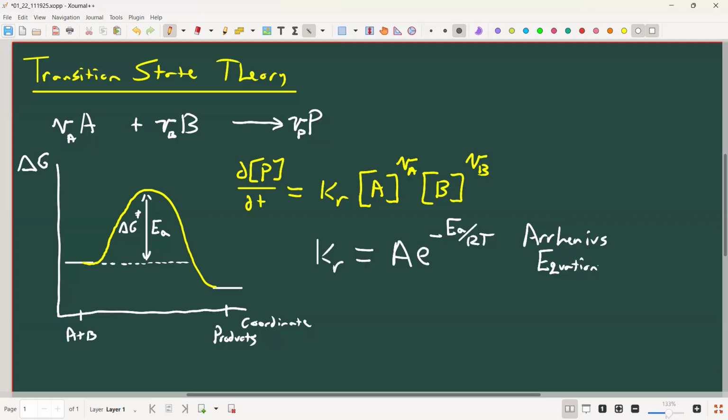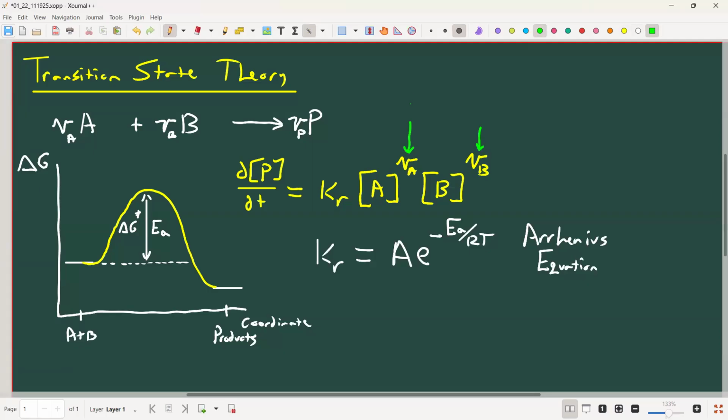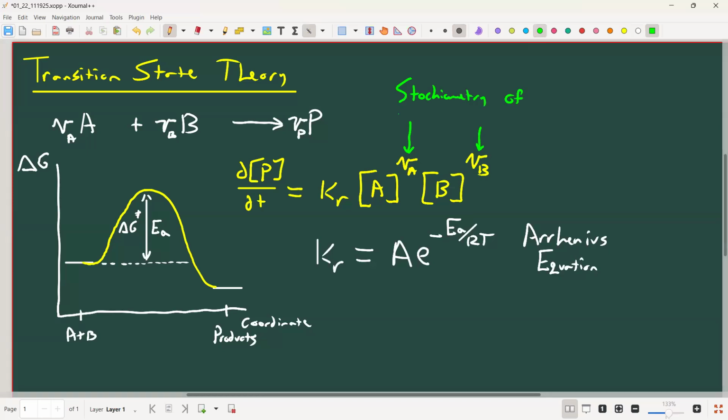And the idea here is that these coefficients on the rate law, they demarcate not the stoichiometry of the reaction, but the stoichiometry of the transition state.